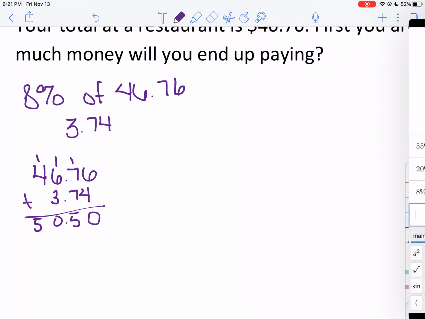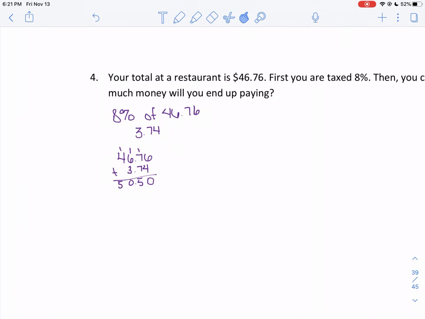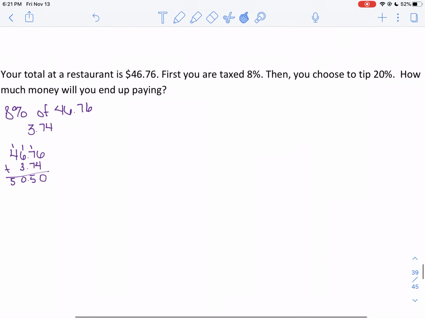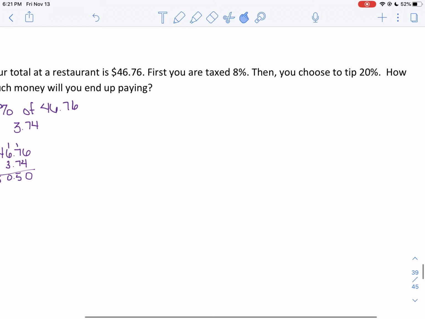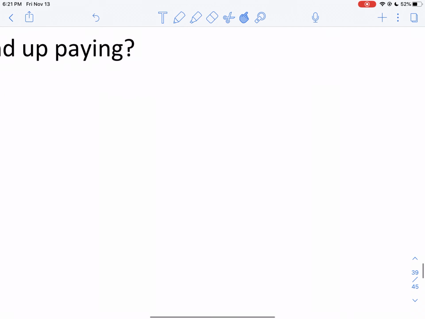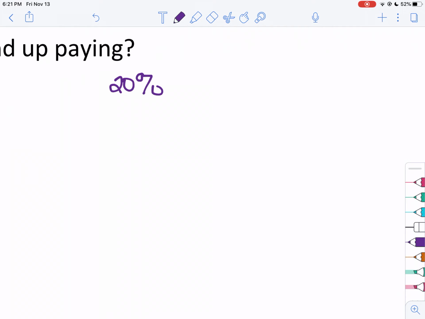Okay, but we're still not done. So that was our tax. So first we were taxed 8%. Then you choose to tip 20%. So now we have to find 20% of the 50.50.